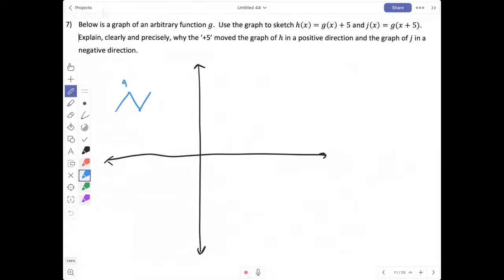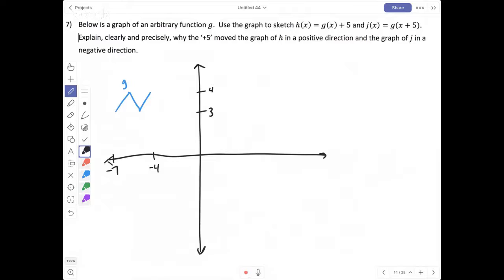Here is g. And I'm going to say this was -7 and 1, 2, 3 spaces. That's clearly -4. And over here is 3, and this looks like 4. Again, that was just arbitrary. I made that up so that there was an arbitrary function.